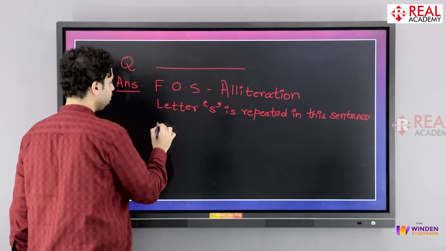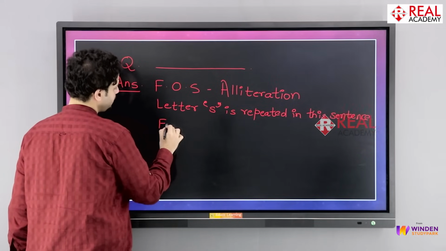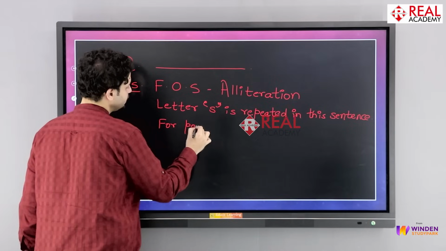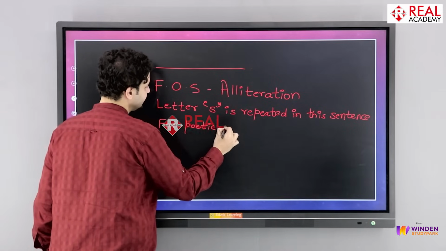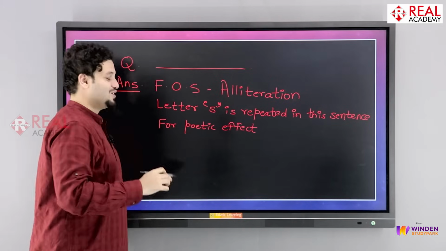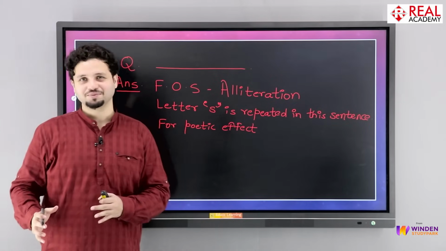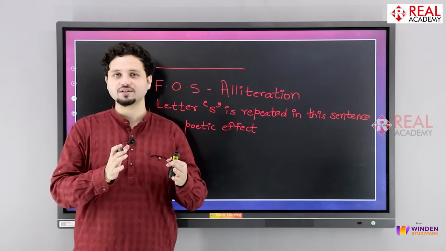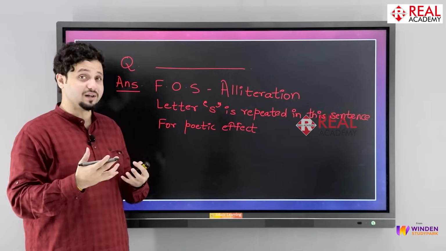My third line will be for poetic effect. So this is how you will write your answer. First FOS, alliteration, then you will explain.